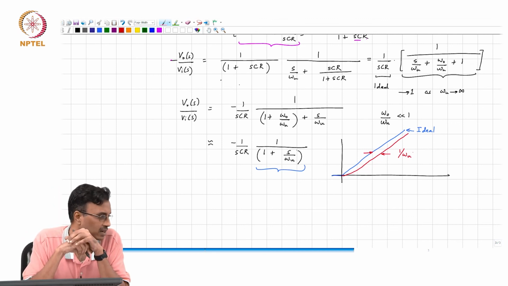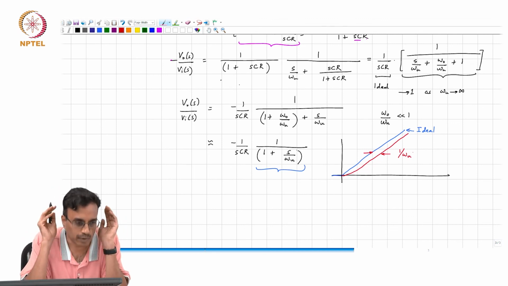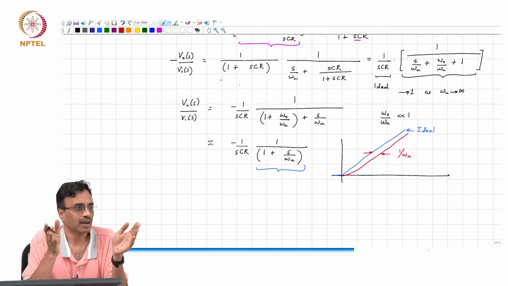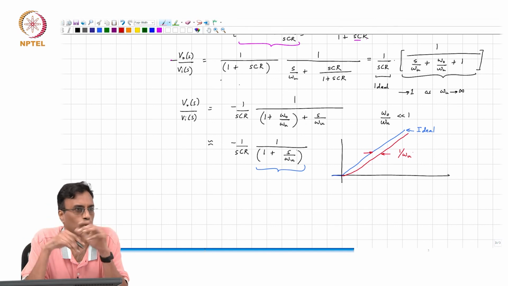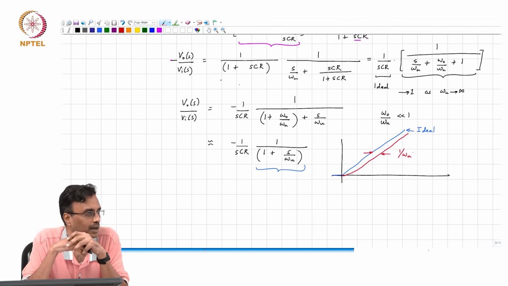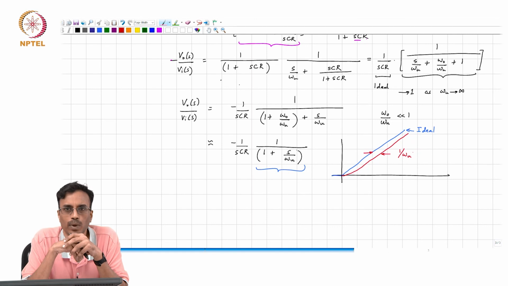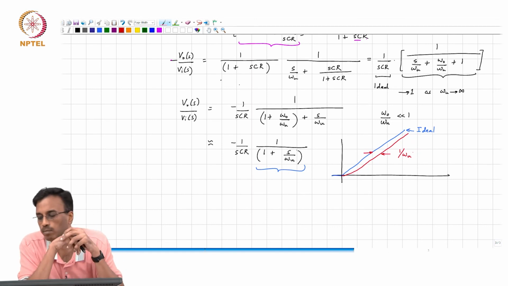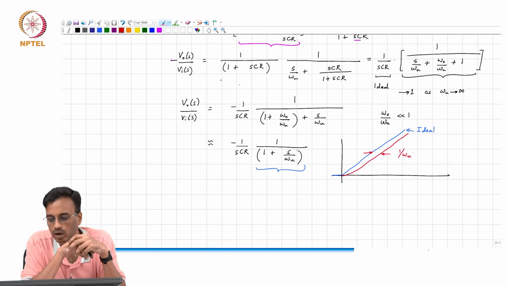So, in other words, the integrator which was ideally supposed to give you the integrated output waveform right away now has a, within quotes, small delay, and that delay is because the op amp is not fast enough, alright.